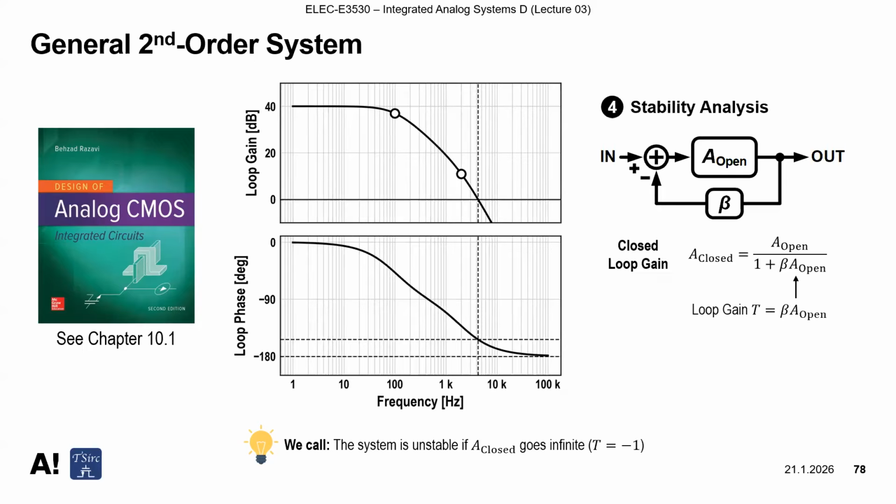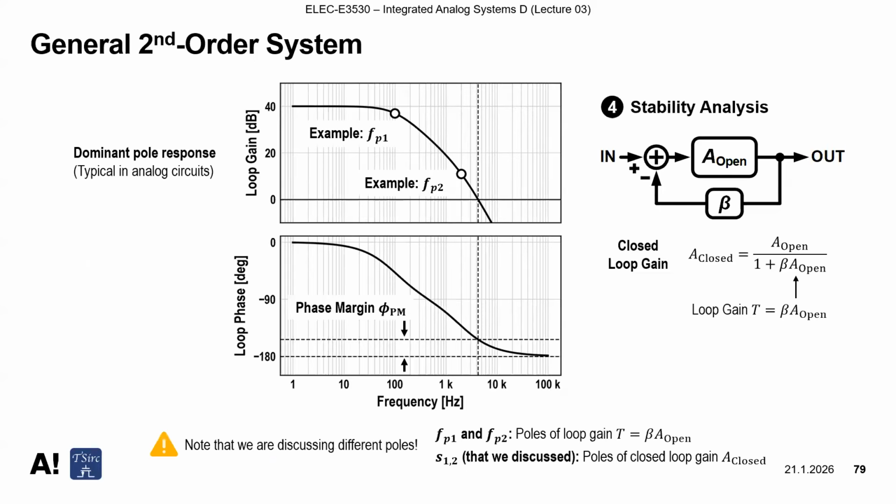Anyway, this is it for the feedback. Let's assume dominant pole response for our feedback system. That is very typical in analog circuits. When we design an amplifier, or if you think about the basics of IC design course, you may have designed a two-stage Miller compensated amplifier. Then we can make a buffer configuration. The first pole is here, the second pole is here.